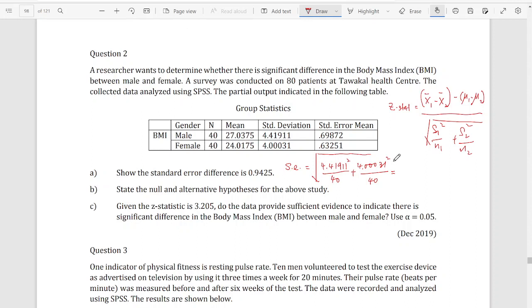Okay, you akan dapat lah. Sini kita akan dapat 0.94. Kalau nak yang tepat, 2483597. So this is equivalent to 0.9425. Okay, this is proof.